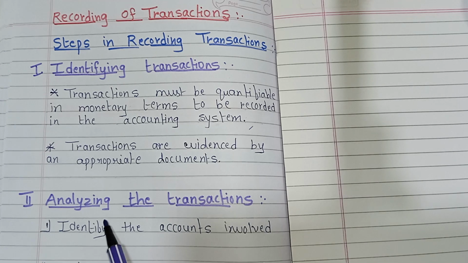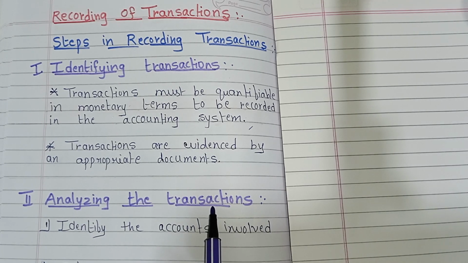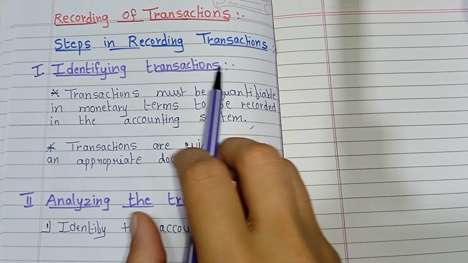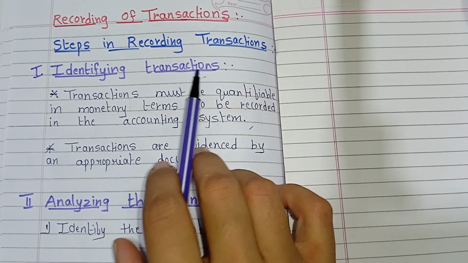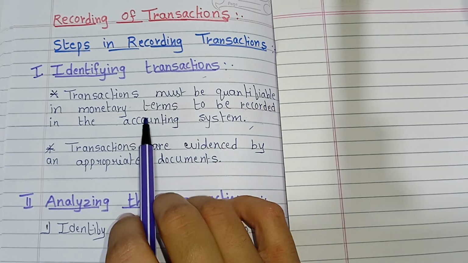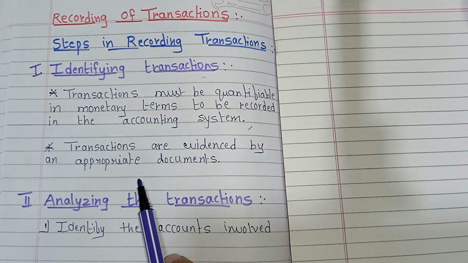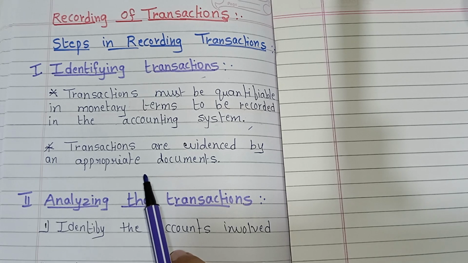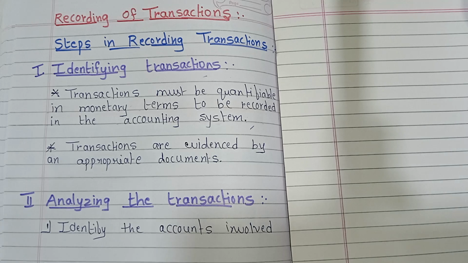Now we will move to the second step, that is analyzing the transaction. After identifying the transactions, that is, the transactions that are expressed in monetary terms and evidenced by appropriate documents, we have to analyze the transactions.